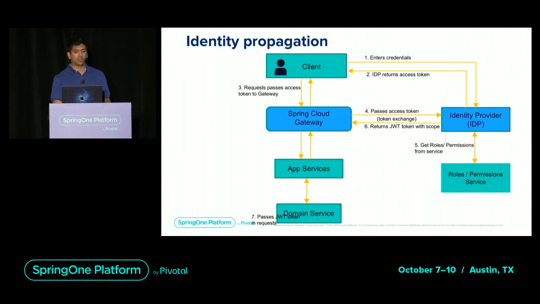So now when the response comes from the IDP, the gateway will obtain the new JWT token and use that to forward to the app services.